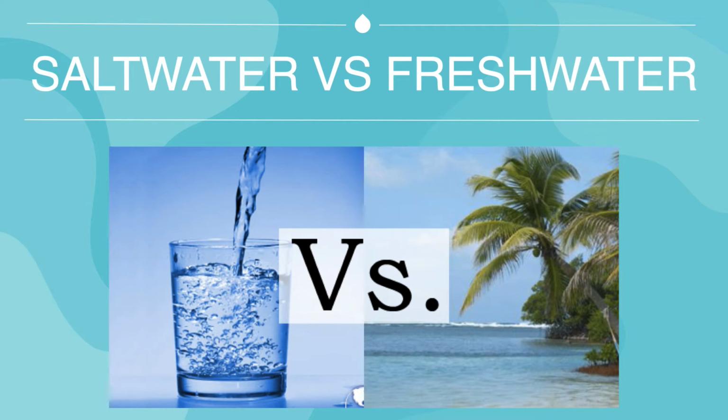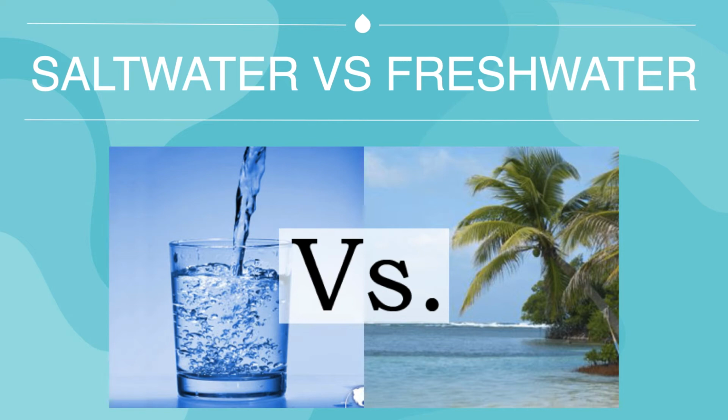Salt water is water that contains dissolved salts and other minerals. Fresh water can be found in rivers, many lakes, underground in aquifers, and in the form of ice as glaciers. To be considered fresh water, the body of water must contain less than 1% of salt.